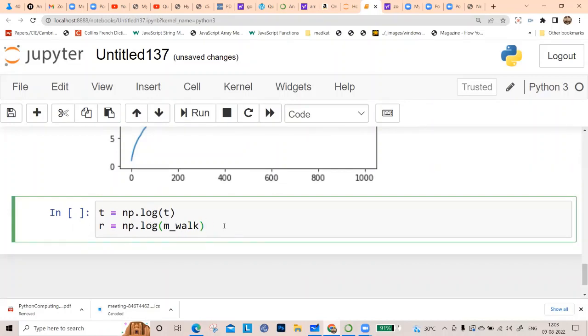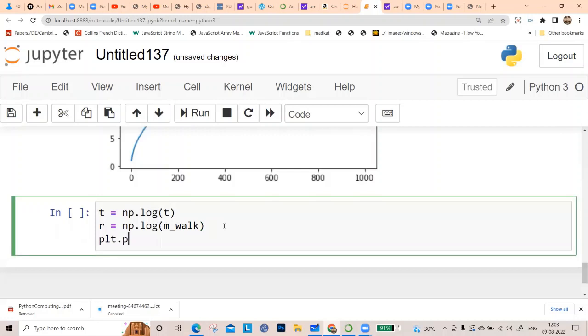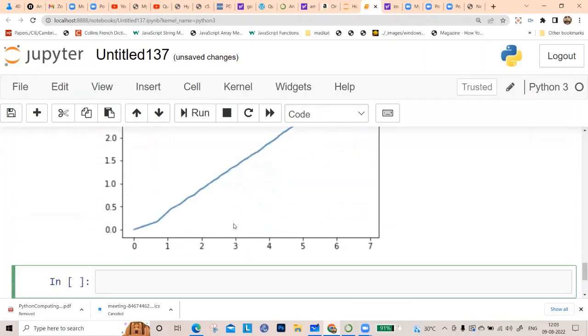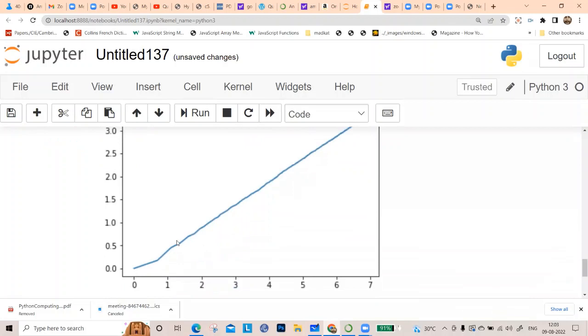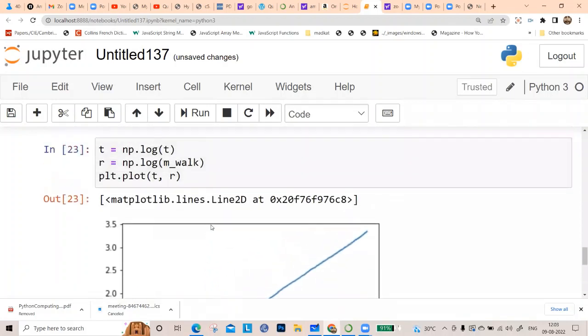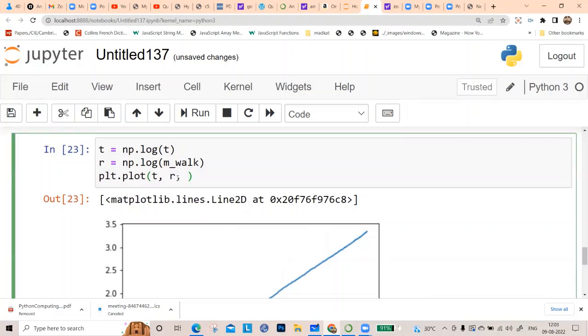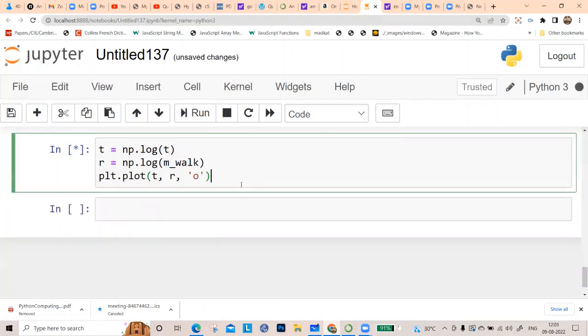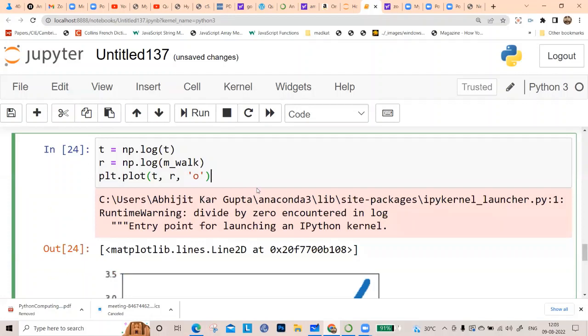Now if I write plt dot plot of t versus r, it should show a straight line. So yes, it is a straight line, but the initial points are not good. Anyway, the law is only valid after some long time. If I want to see it with dots, the bullet symbols, it will be, yeah.